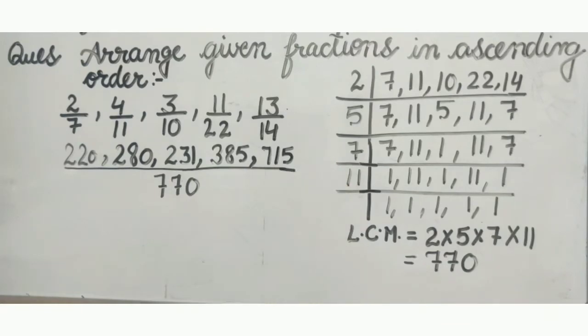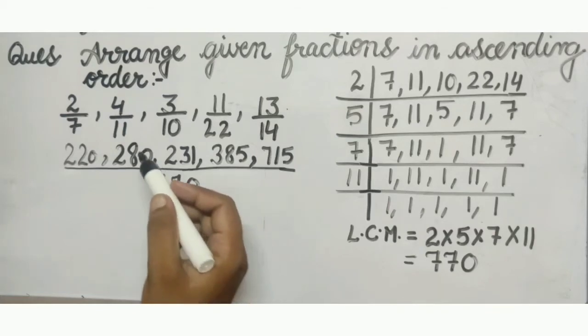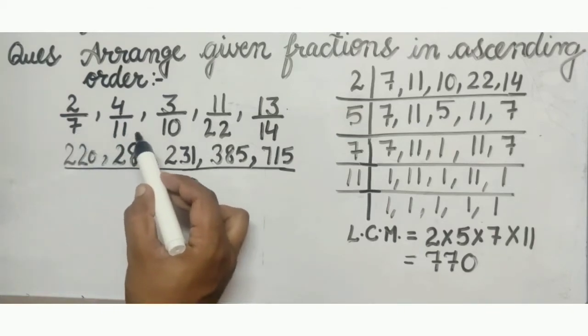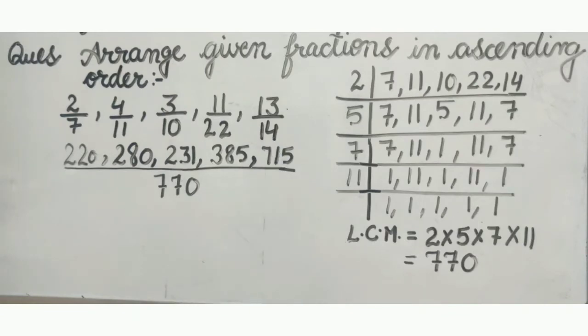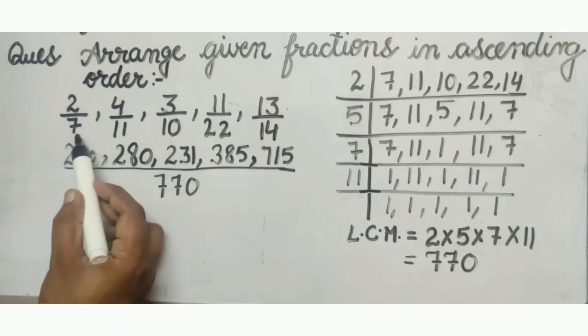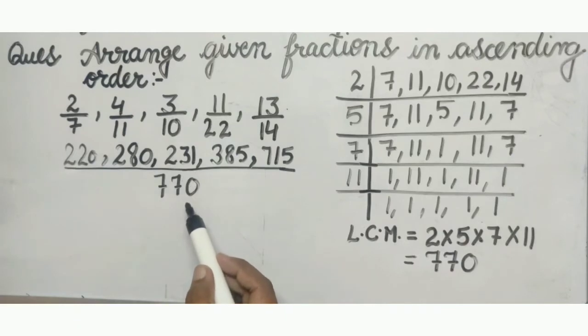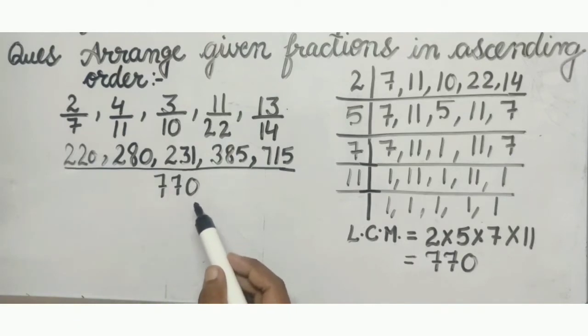Students, till now we have discussed 3 steps. First, we find the LCM of all denominators. Second, we divide the LCM by the denominator. And third, we multiply the answer with the numerator.